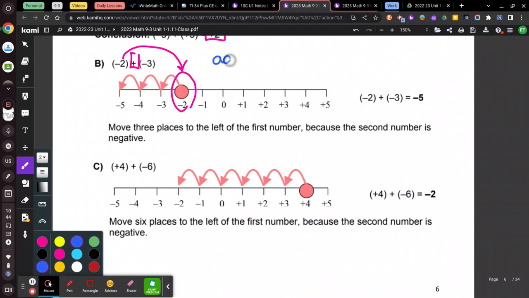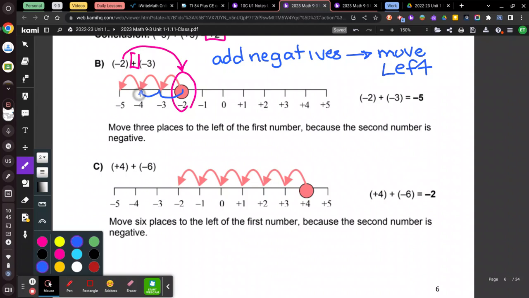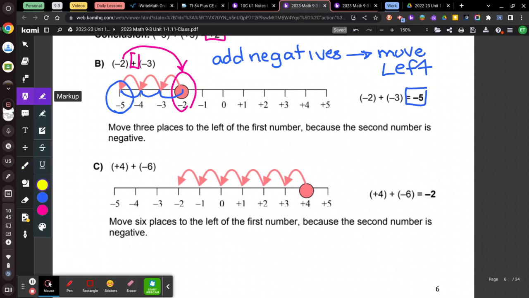When we add negative numbers, you move left. Instead of moving right, you move left. So I'm adding -3, so I'm going to go 3 steps left. So I've got 1, 2, 3, and I end up at -5. So my answer for this one is -5. It's the answer where you end up. Okay, and that's if you add negative numbers.